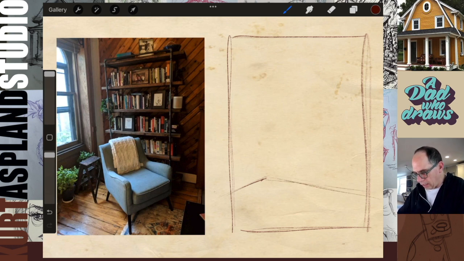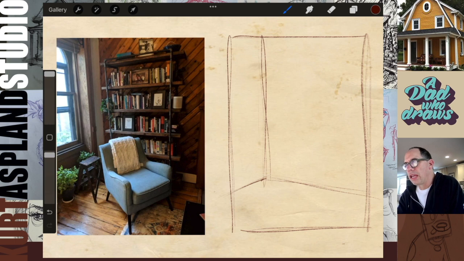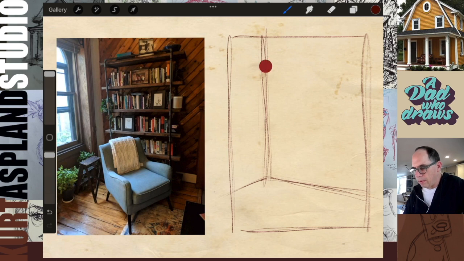This is the inside of a cube, the interior corner of it. So that's the way I want you to think of it. Let's come up here, maybe right about there, and draw this right here. Okay? So we've just established the beginnings of a perspective grid, all right?